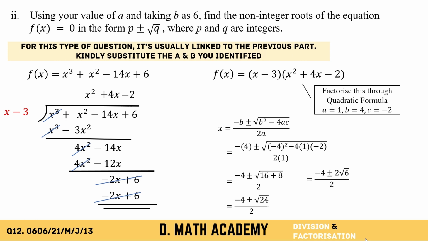Further arranging this, you will get negative 4 plus minus 2 square root 6 over 2. Split these into two fractions: negative 4 over 2 plus minus 2 square root 6 over 2. After the calculation and simplification, you will get negative 2 plus minus square root 6. So your final answer for this particular section, your p will be negative 2 and your q will be 6.